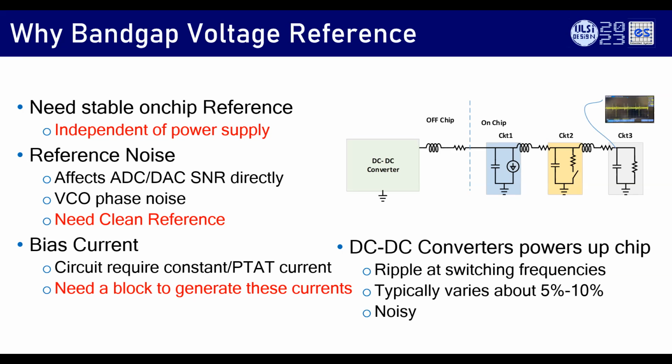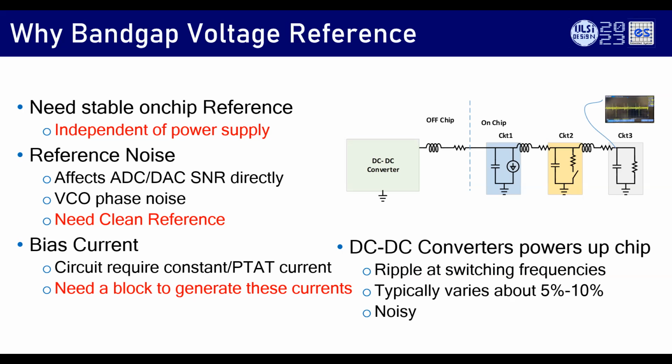So typically what powers up the chip? You have a battery and your chip needs multiple power supplies. You may need a 1.8 volt, you need a 1 volt, you need a 5 volt for various applications. So how do you get these supplies? You get these supplies through a DC-DC converter. For example, you have a DC-DC converter which is off chip, or it can be even on chip. Let's say in this example, you take it as off chip.